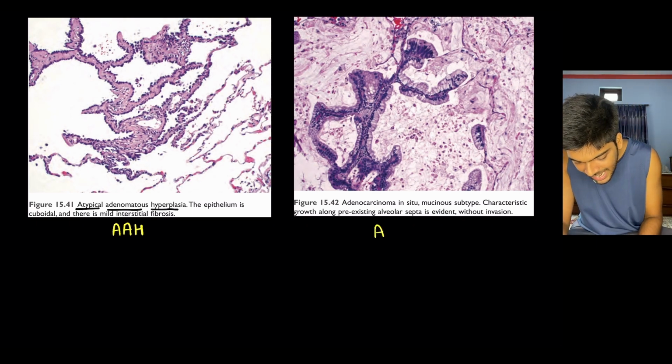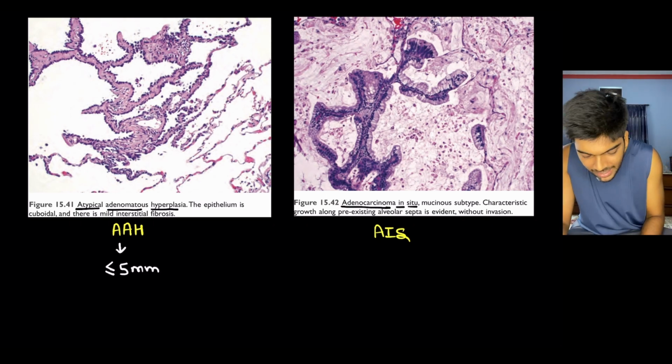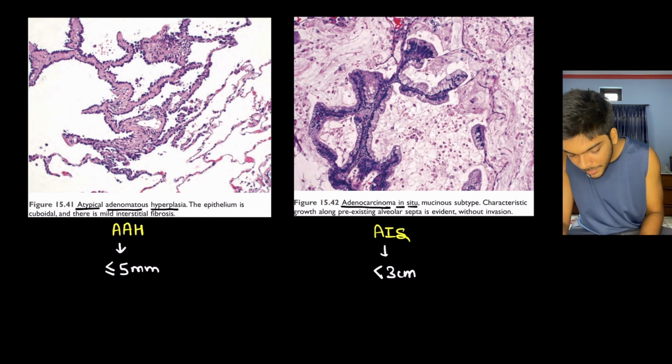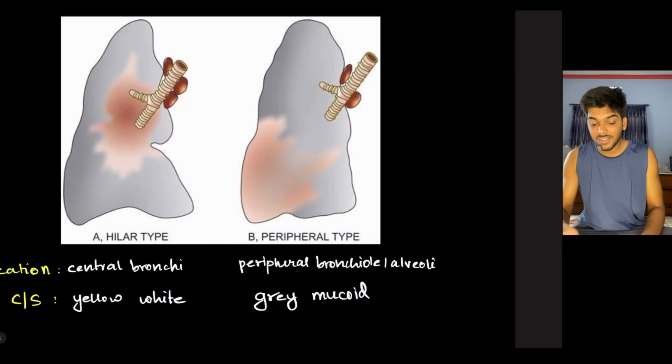Second is AIS, adenocarcinoma in situ. AAH is less than or equal to 5 mm in size and AIS is less than 3 cm in size. Adenocarcinoma in situ is also referred to as BAC, or bronchoalveolar carcinoma.